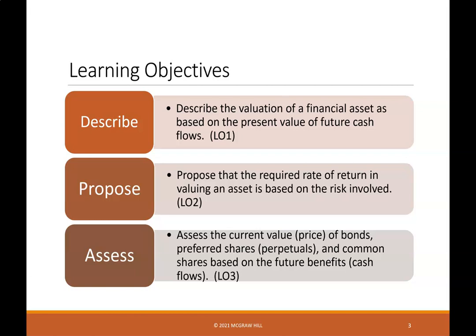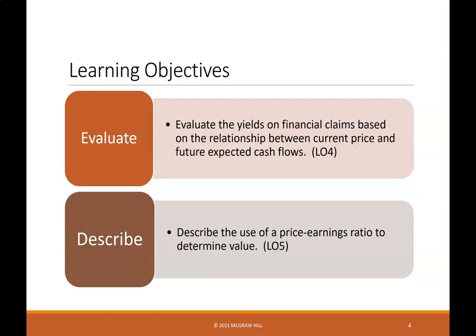Learning objectives. Describe the valuation of a financial asset as based on the present value of future cash flows. Propose that the required rate of return in valuing an asset is based on the risk involved. Assess the current value, the price, of bonds, preferred shares, perpetuals, and common shares based on the future benefits, cash flows.